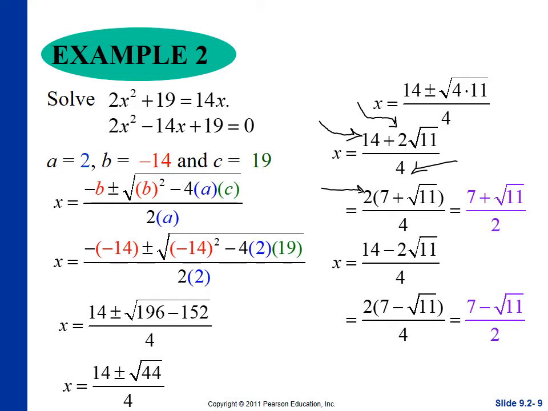Some people will write their final answers in this form. X equals 7 plus, oh geez, okay, let's try again. This is equal to 7 plus or minus the square root of 11 over 2.